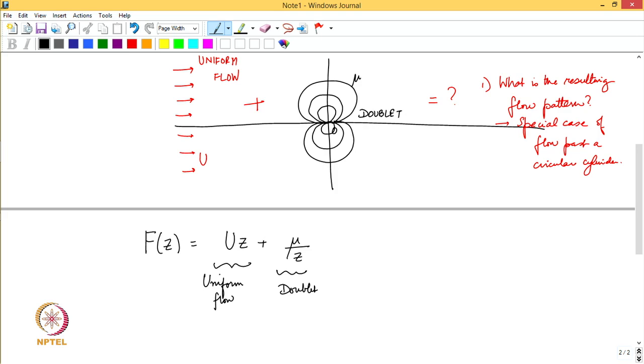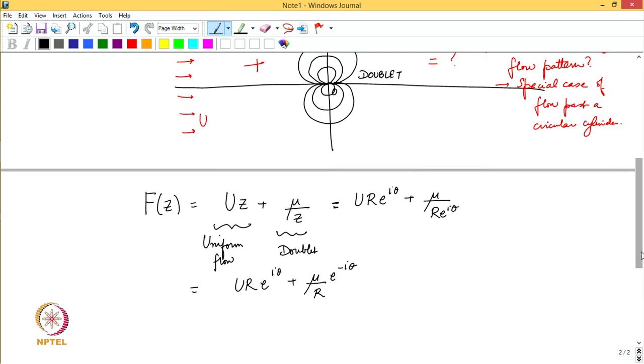I now want to derive what we get when we add these two potentials. As usual, let us start with the polar form of our coordinate. We can write this as u r e^(iθ) plus mu by r e^(-iθ), and then use the definition of the exponential of a complex number.